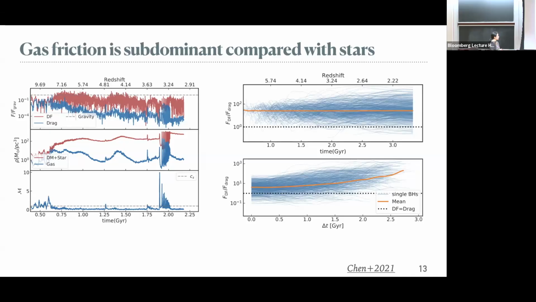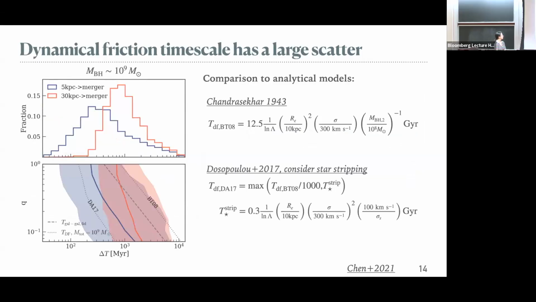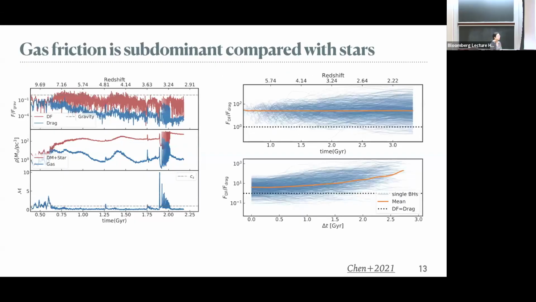But in some early phase of the black hole formation and sinking, the gas could still play an important role, because in this high redshift regime you could have more cold gas around the black hole compared to the star density.